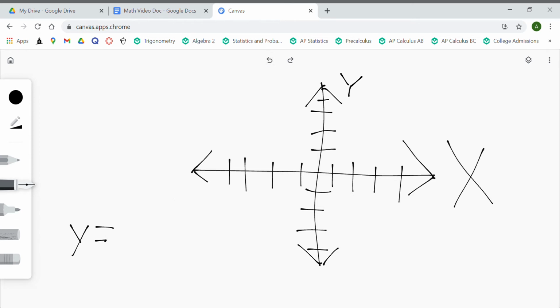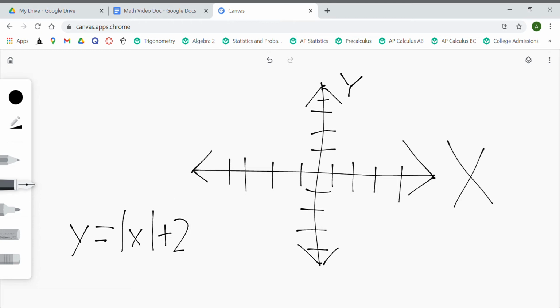Now let's try to start graphing other functions. So we're going to graph y equals absolute value of x plus 3 first. It's going to be a really small graph, guys. Just bear with me. You know what? I changed my mind. Plus 2. I want you to see it better. All right, so absolute value of x plus 2.